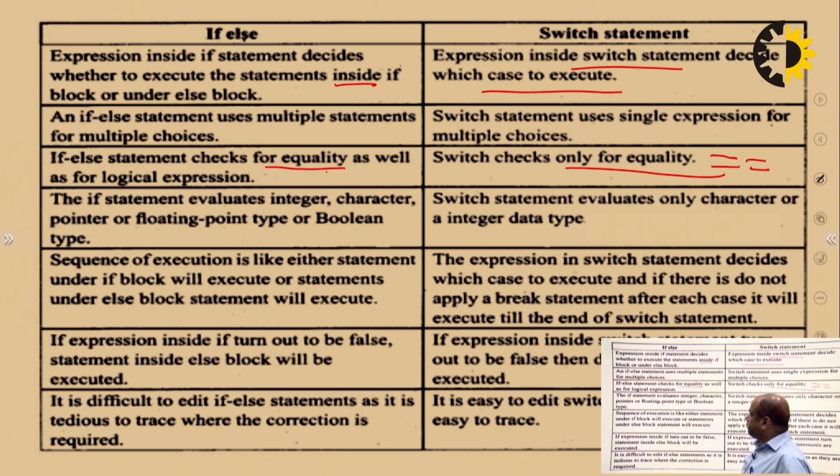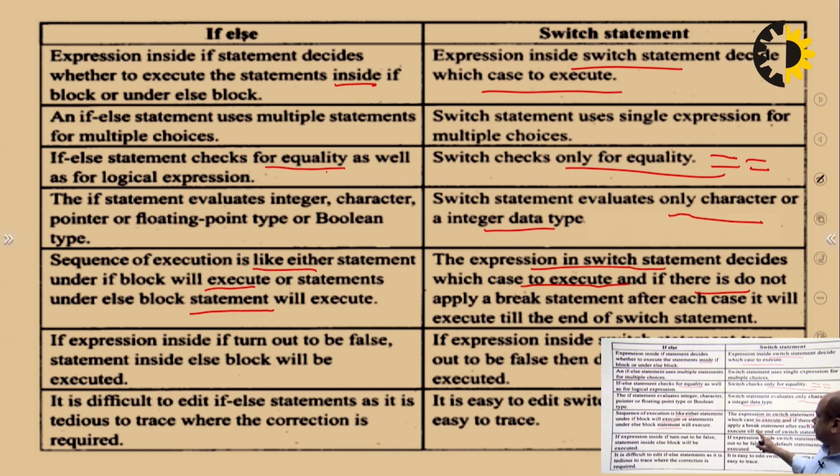Next, an if statement evaluates integer, character, pointer, floating or Boolean types. But a switch statement evaluates only character or integer data types. As for the sequence of execution, either the statement under the if block or the statement in the else block will be executed, while the expression in the switch statement decides which case is to be executed.